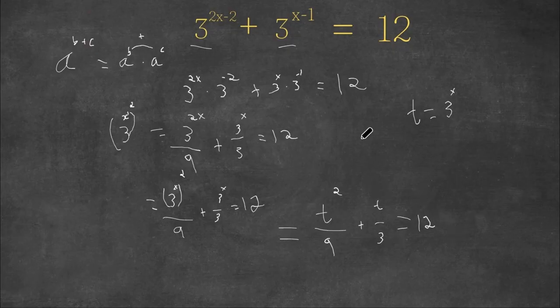Now, what we're going to do is multiply this whole thing by 9. So these two would cancel out. So we have t squared plus t over 3 times 9 is 3t, equals 12 times 9 is 108.